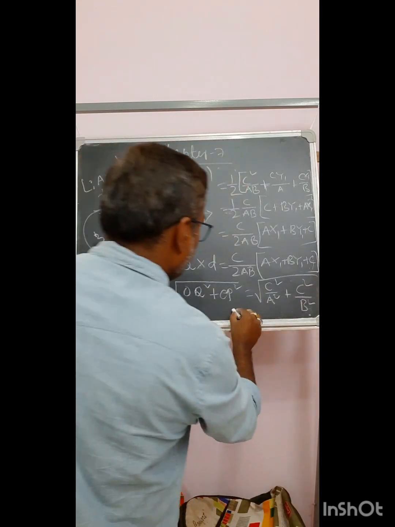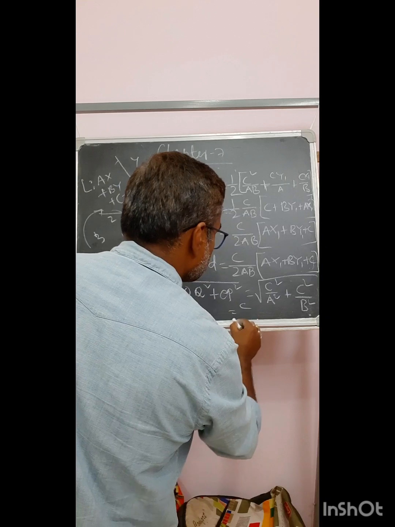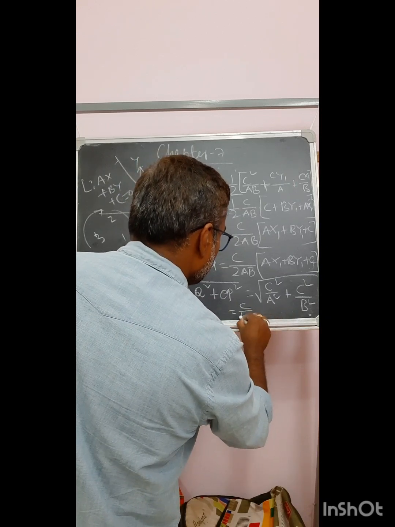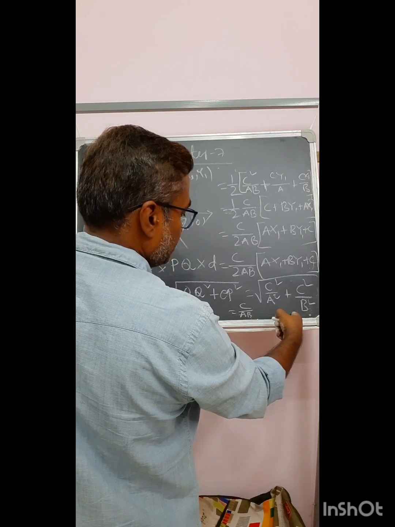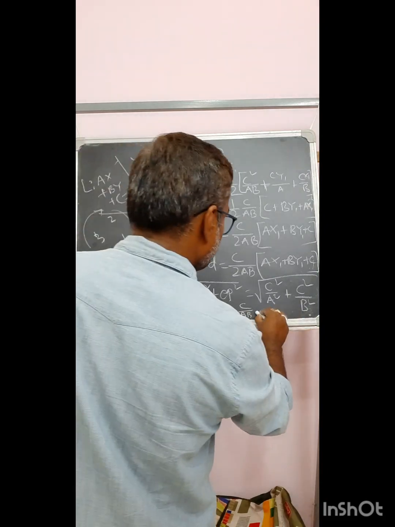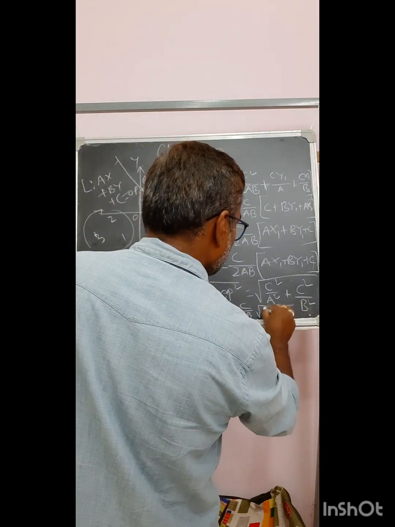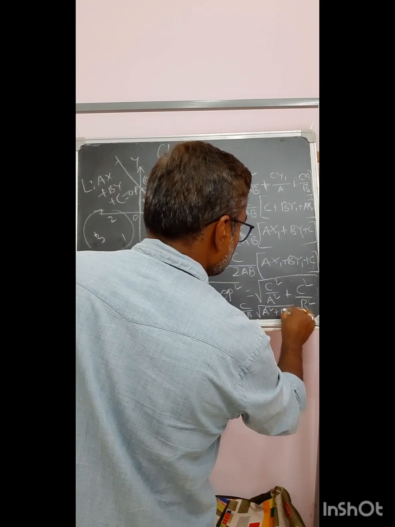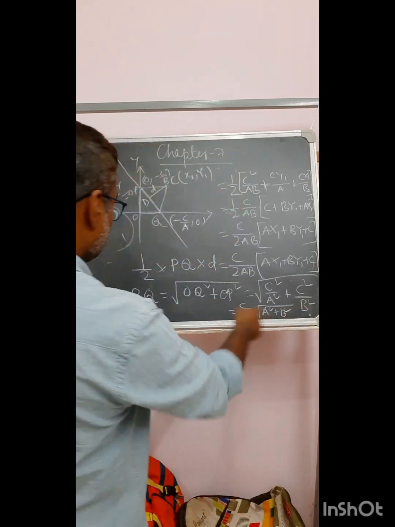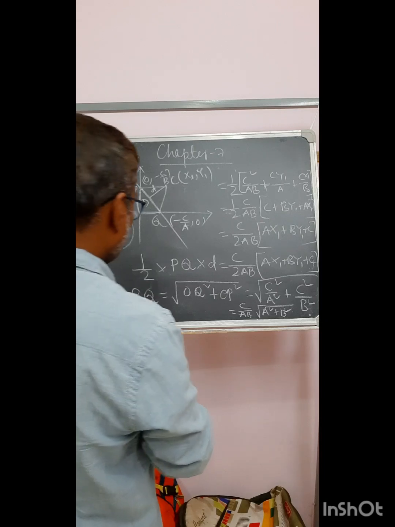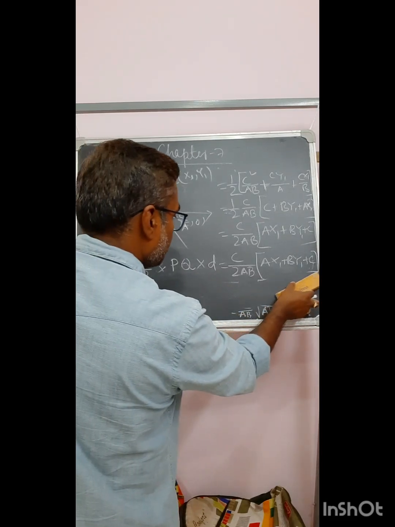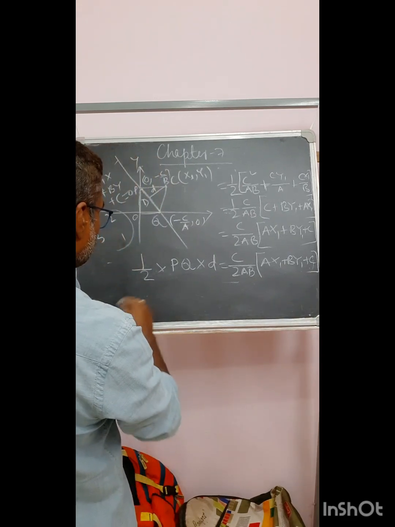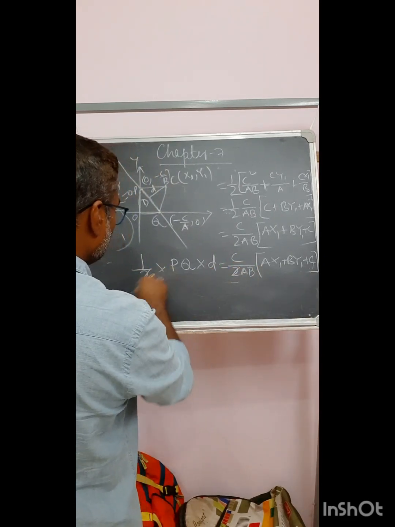Okay. Now if I take out C square, then this will come out as C, and I will take out AB. So when I take out AB, from inside I am taking out A square B square. So the remaining thing will be A square plus B square. So this is the ultimate PQ value. If I put the PQ value in the equation that I have already established, it will be half, the 2 will be cancelled out.